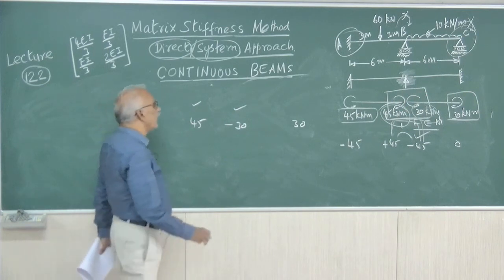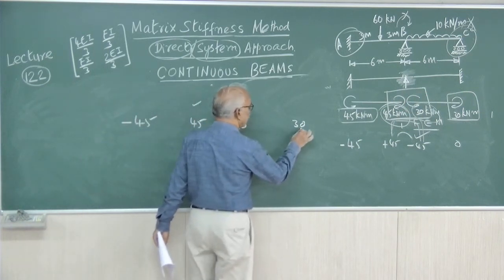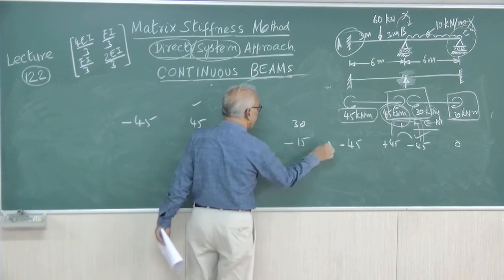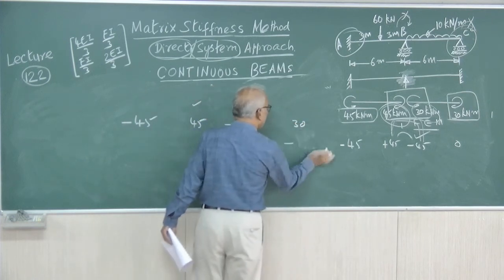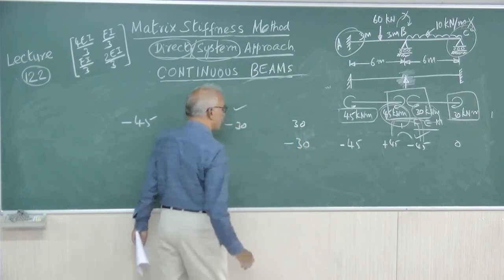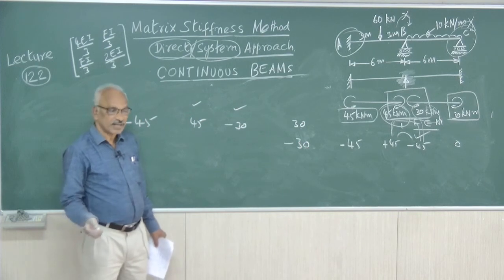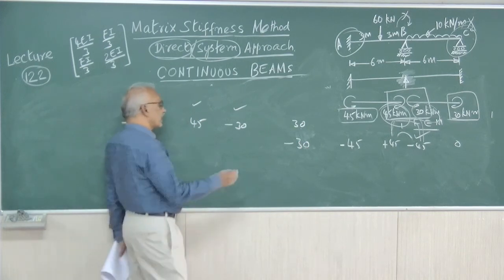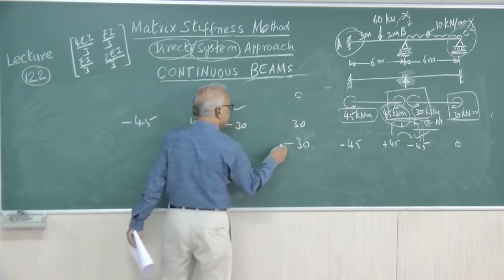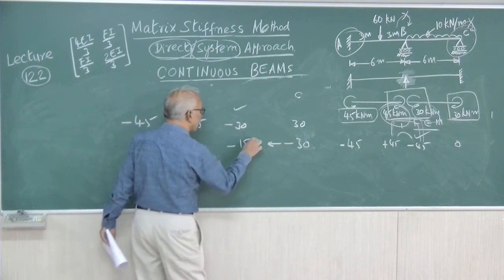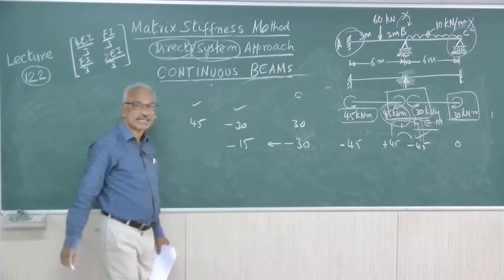For releasing the simply supported end, you have to apply minus 30. When you apply a moment at point C, there will be a carryover to the opposite end, whose value is half the value under the same sign.